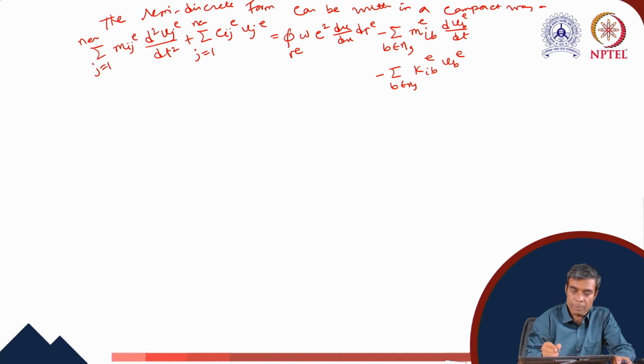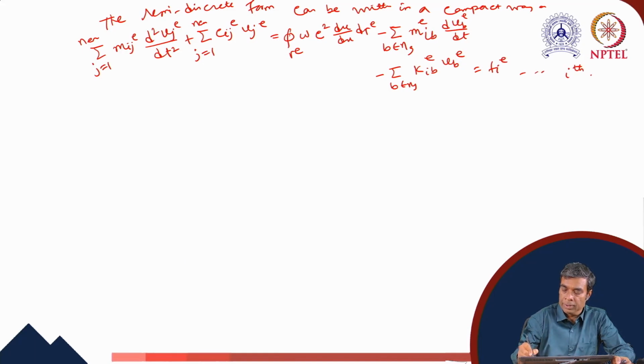So this entire portion in the right hand side we can represent it by the symbol Fie. This is the ith semi-discrete equation.